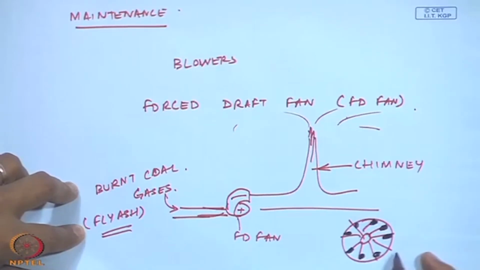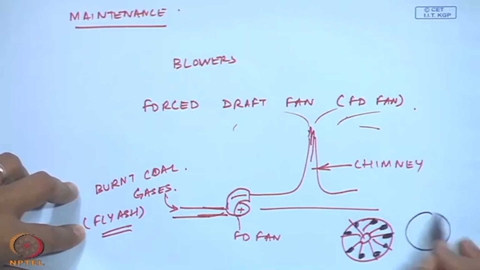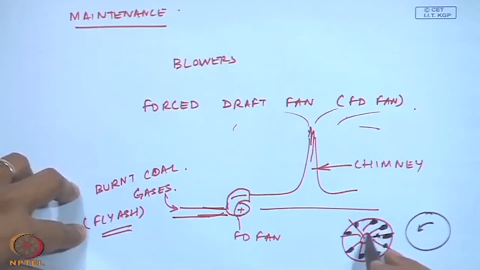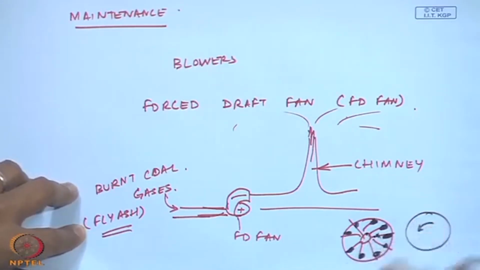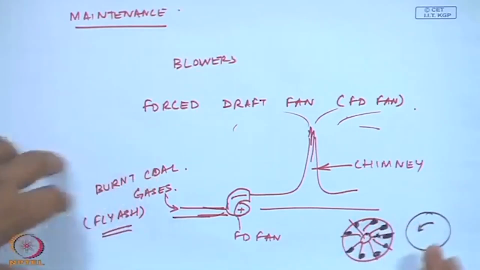And once they stick, they may not stick uniformly, in some locations they may get stuck. This gives rise to a fan which is unbalanced, and I have seen cases wherein these fans have failed, the blades shear off and the bearings get damaged because of this excessive fatigue force, which went unnoticed because things got deposited in the blades.